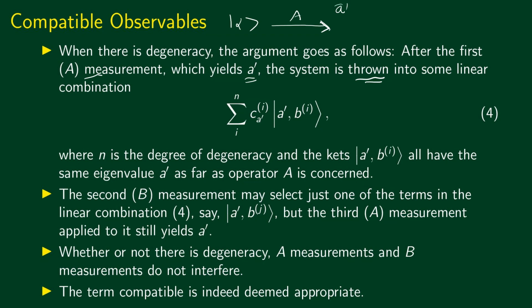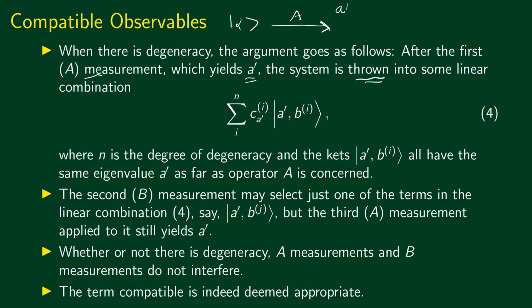But we don't know which one, because there is more than one eigenket corresponding to this eigenvalue. That's why we say that there's degeneracy.